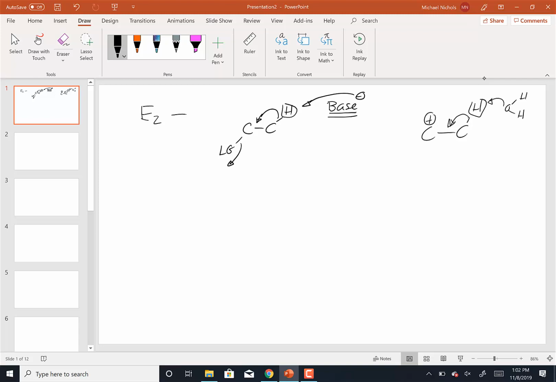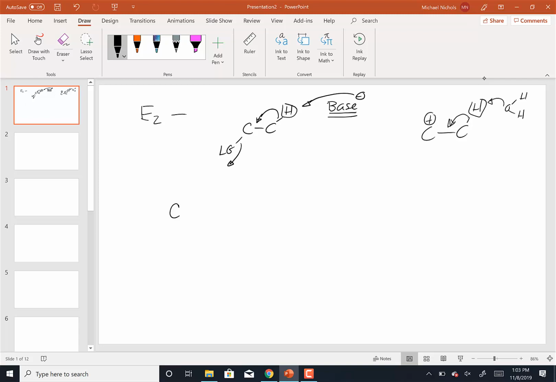In terms of the E2, the other difference between E1 and E2 is the geometry of the beta hydrogen. Everything is about removing the beta hydrogen in elimination. That's what I'm losing to form the double bond. So in E2, there is a specific geometry that the beta hydrogen has to take in relationship to the leaving group.